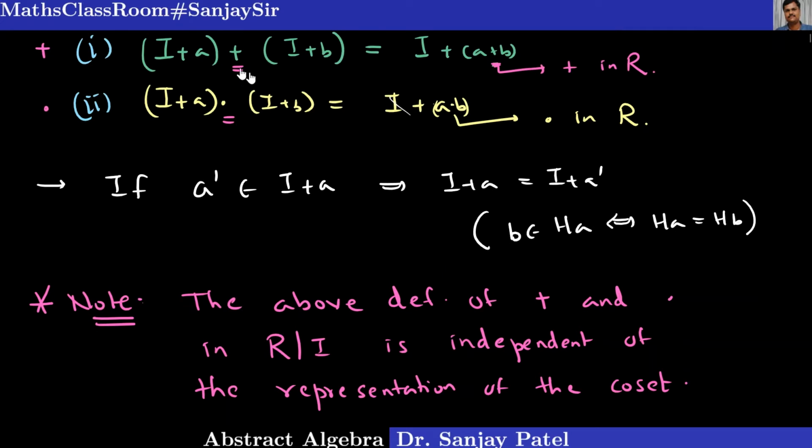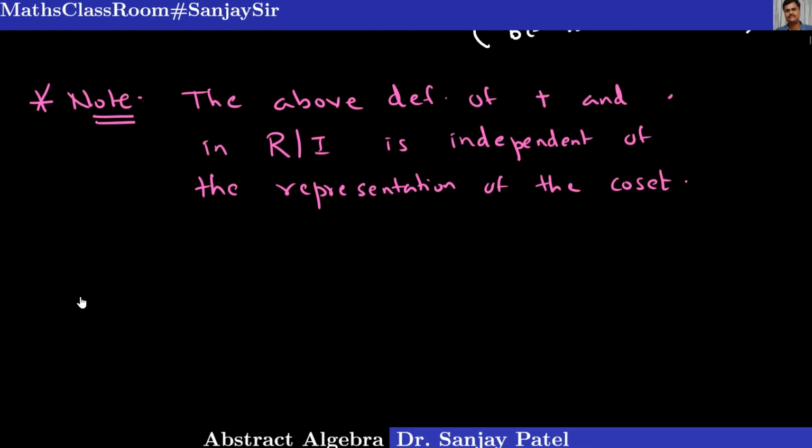So we are going to prove that these two definitions do not depend upon the way you write the given coset. What is the meaning of that mathematically? Let us prove that.